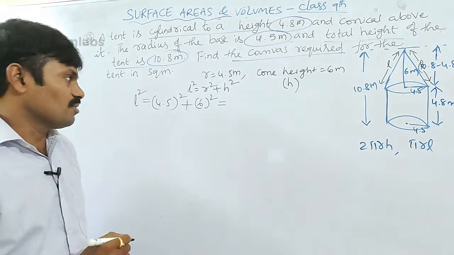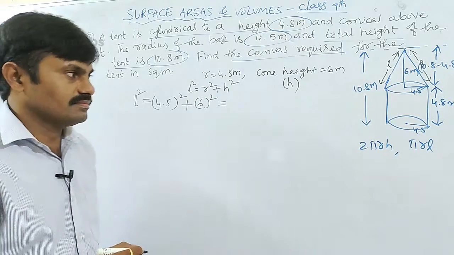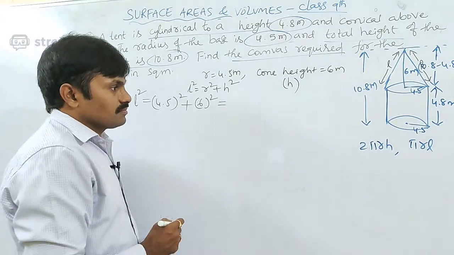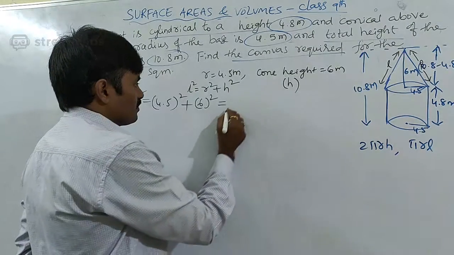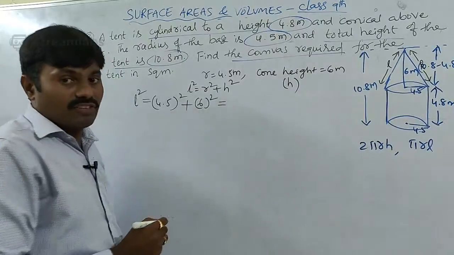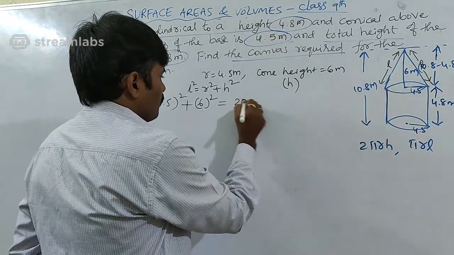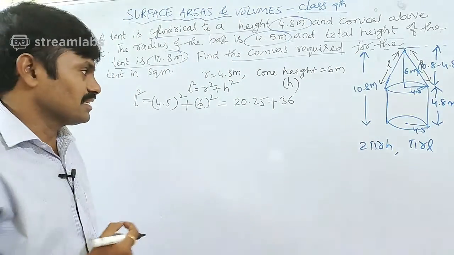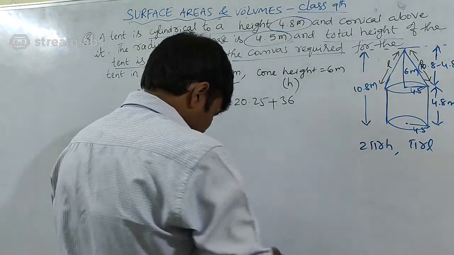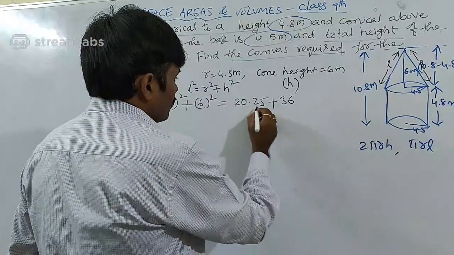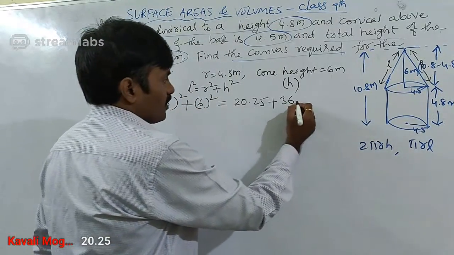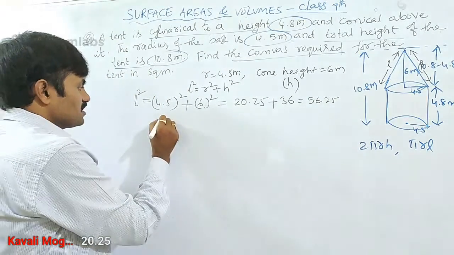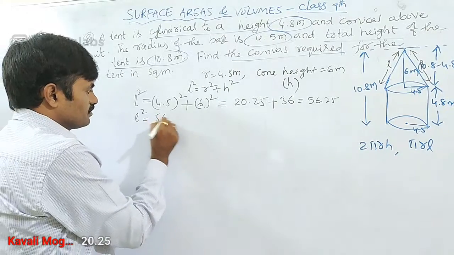Now 4.5 whole square is how much? 20.25. 20.25 plus 36 gives us how much? 56.25. So the L square value is 56.25.